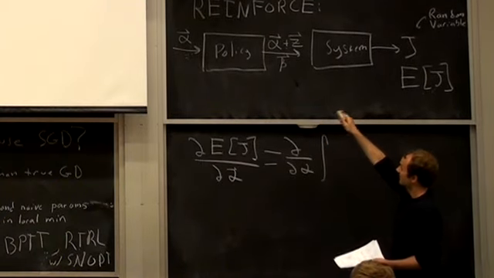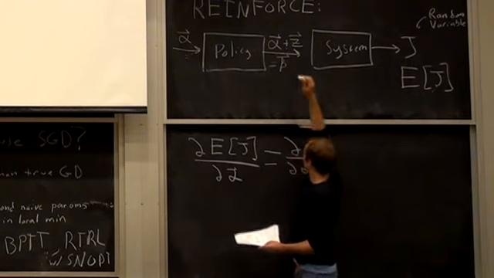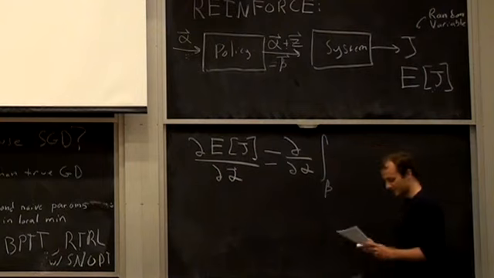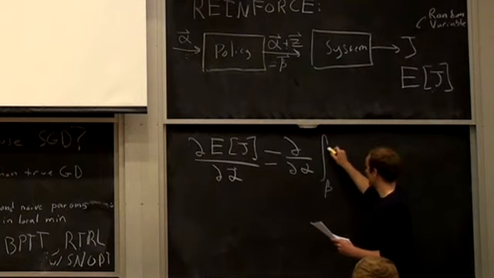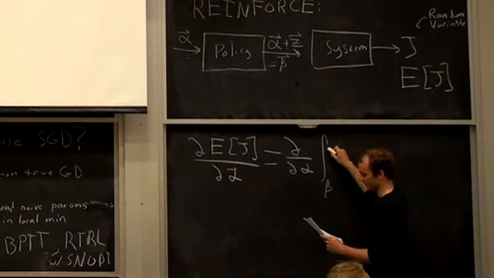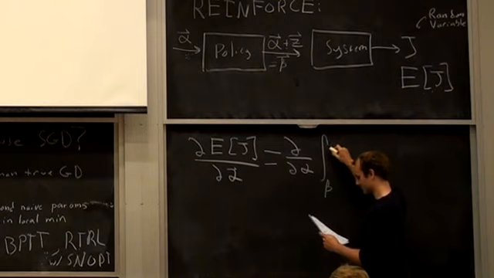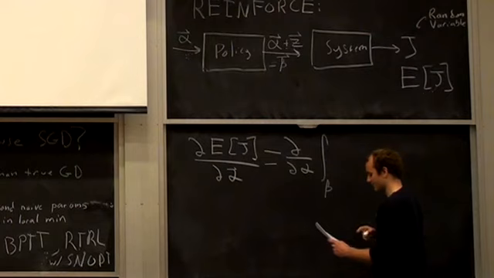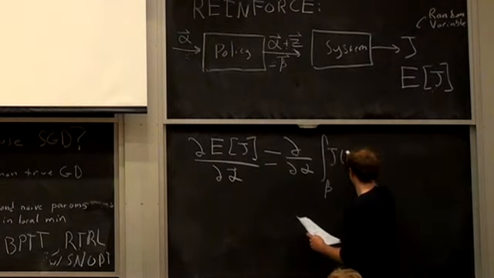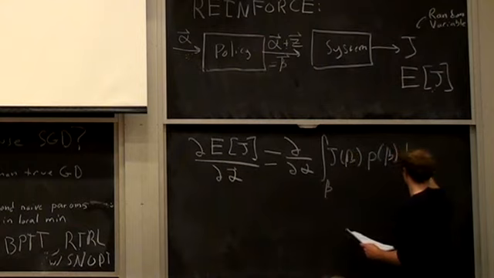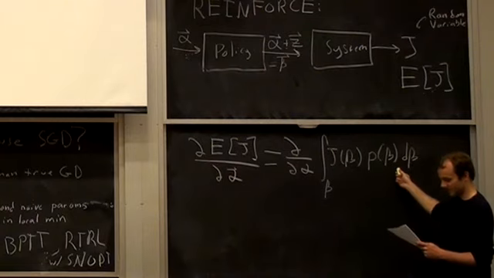So for the expected value of j, we want to integrate over all beta. Sorry, I've got an error in my notes. So it's j of beta times the probability of beta. This is just the definition of expected value.